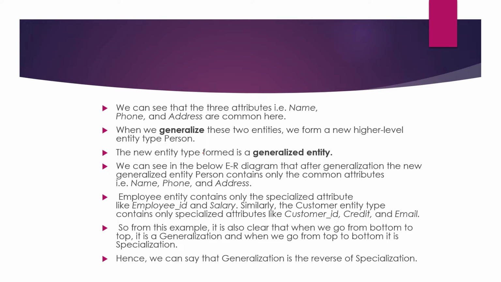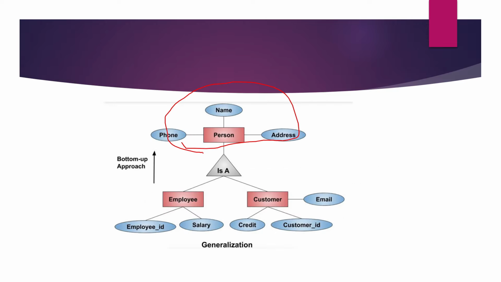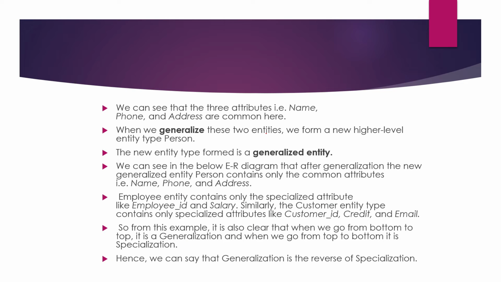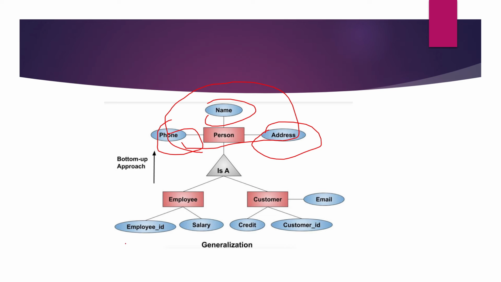Person contains only the common attributes, जैसे कि name, phone, address. Employee entity contains only the specialized attributes. जो employee है वो specialized attribute contain कर रहा है, employee ID, salary.